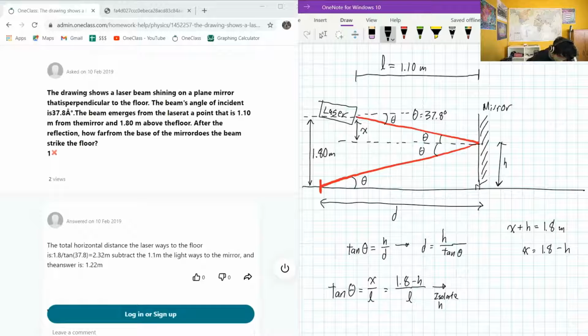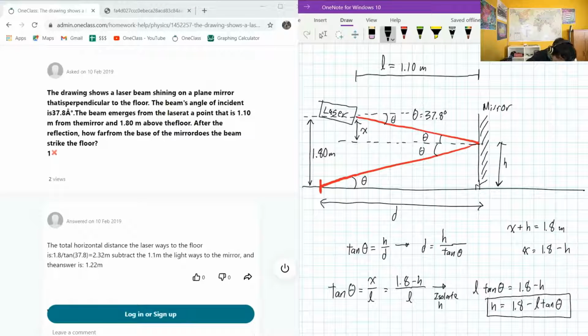And to do that, we will multiply both sides by L. So we have L tan theta equals 1.8 minus h. And to isolate h, we have h equals 1.8 minus L tan theta.